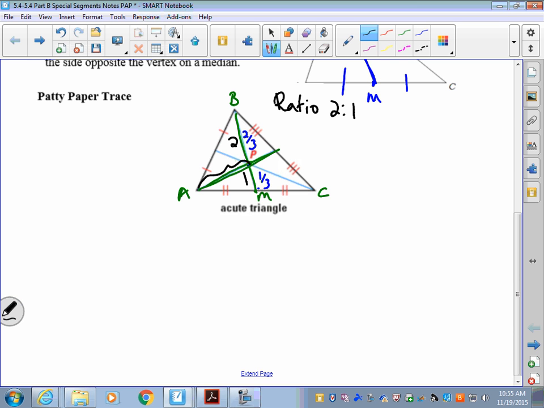Do you see this part from A to P is the bigger part compared to the other? Yes, because that's the ratio. It's always 2 to 1. So you should be able to associate the 2 distance being greater than the 1 distance.